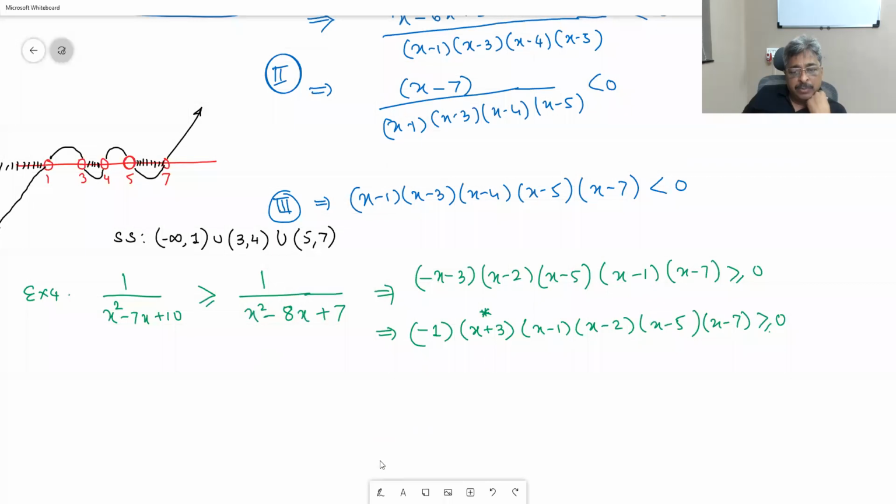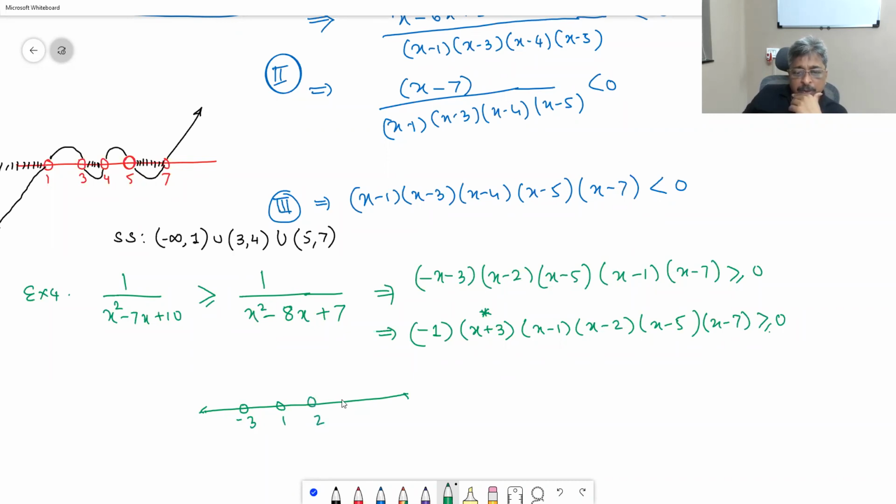Now if you practice this, you should be able to quickly write down the solution set and quickly draw the diagram also. The leading coefficient is minus 1 multiplied by everything. So the critical points are minus 3, 1, 2, 5, 7. If we take any point to the left of minus 3, all these brackets will be negative and therefore the product will be negative.